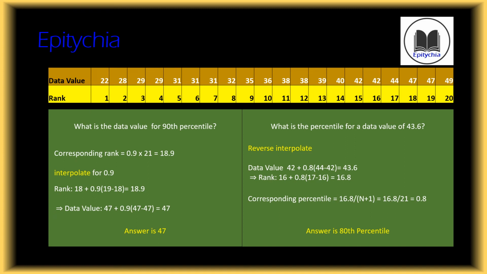Now the corresponding data values: 47 plus 0.9 into 47 minus 47. So the answer will be 47. That means the 90th percentile is 47.